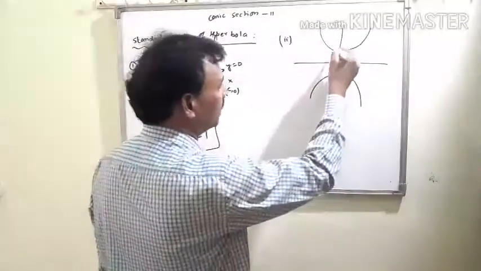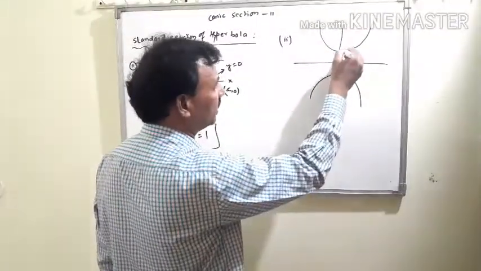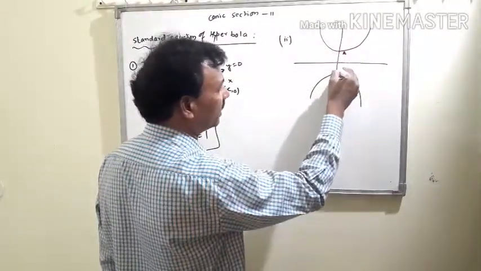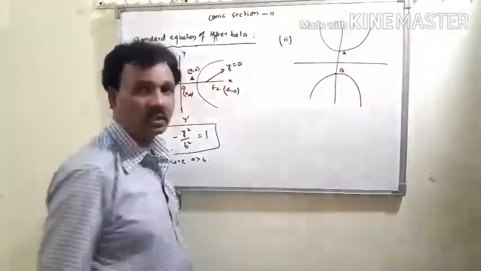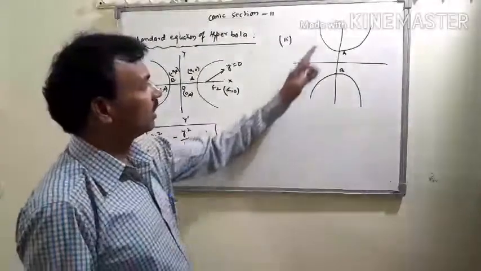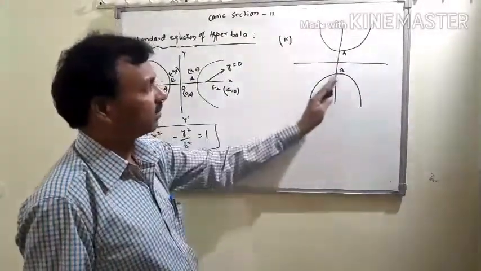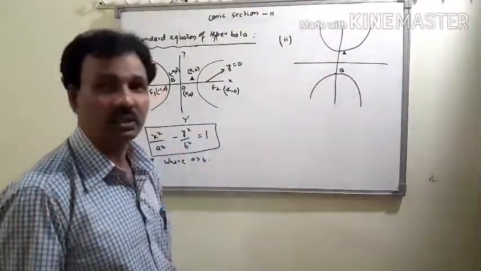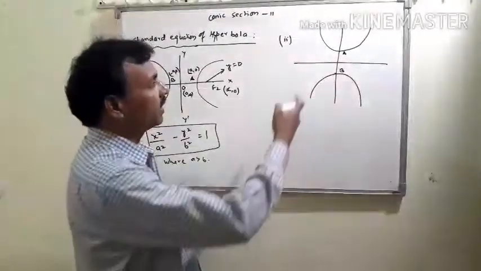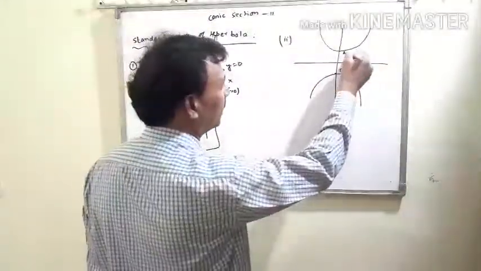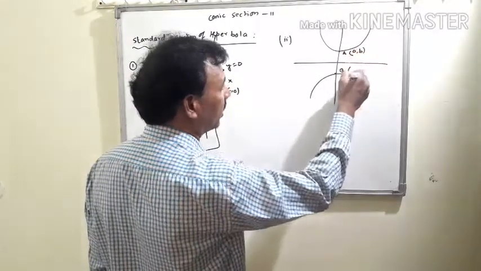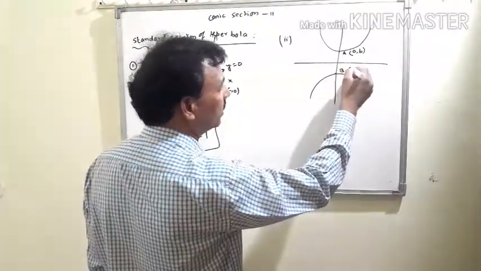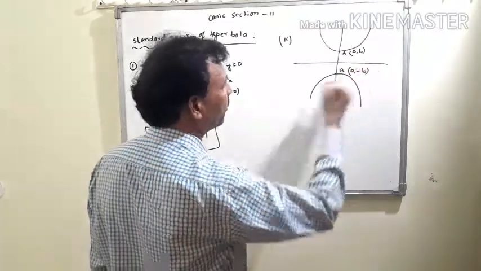Now in this situation, this is the vertex and this is the other vertex, but this is the conjugate axis. This is the transverse axis, because the transverse axis is always the larger major axis, and the coordinates of these will be 0, b and 0, minus b.